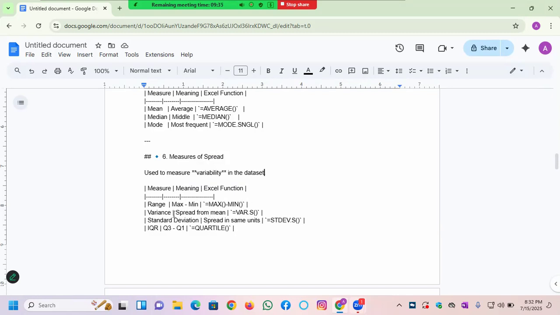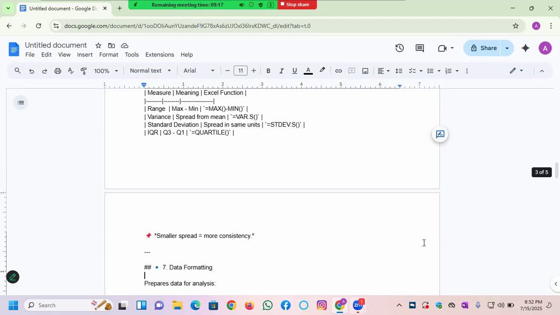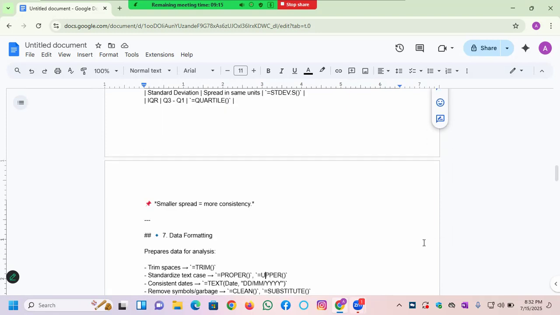We'll still see all that later. Then the variance, then standard deviation, then interquartile range. We are still going to check all those again later.